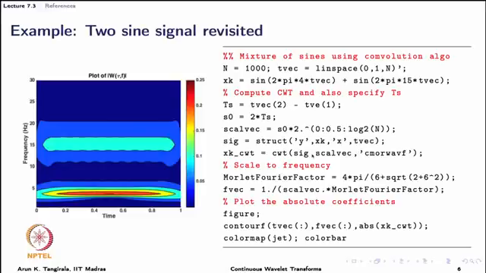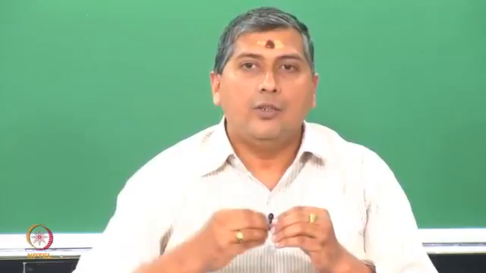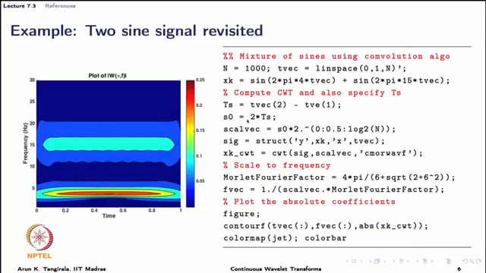Otherwise, what happens is the scale that CWT uses is tied to the sampling interval, because you have done this here, right. Here you have explicitly put in an effort in setting the minimum scale to 2 Ts, but the CWT routine also needs to know what it should do with the remaining scales, and therefore, it is important that you be consistent throughout. Once again I use a complex Morlet wave, and the rest of the story is the same.